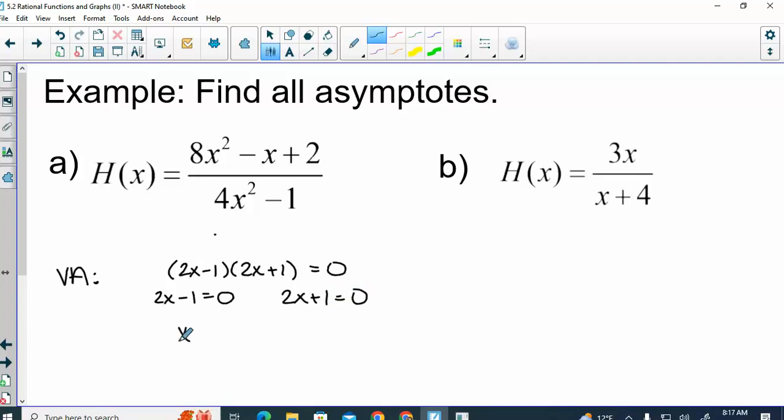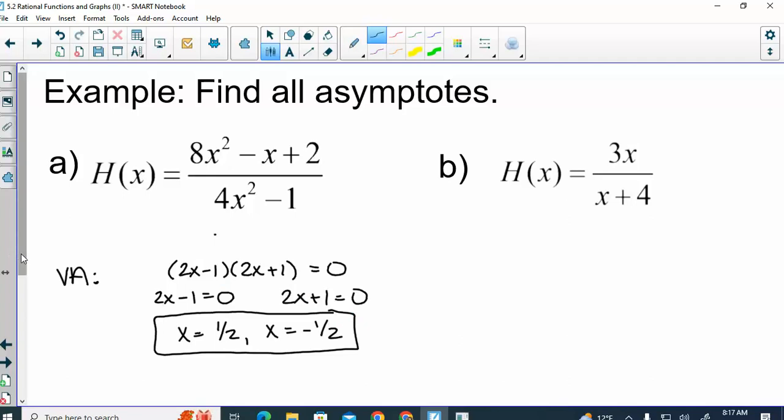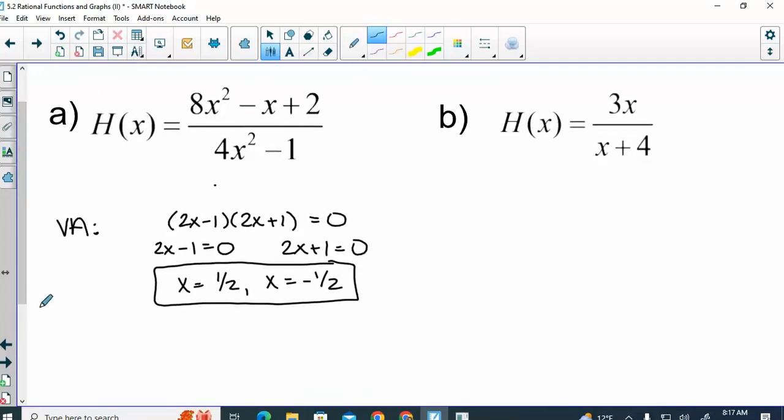So we get x equals 1/2 and -1/2. So this one has 2 vertical asymptotes. If I asked you for your domain, what would you tell me? Negative infinity to -1/2, union -1/2 to 1/2, union 1/2 to infinity.